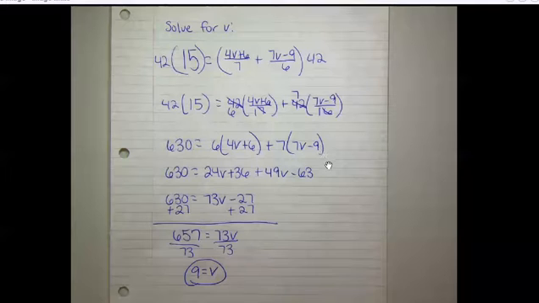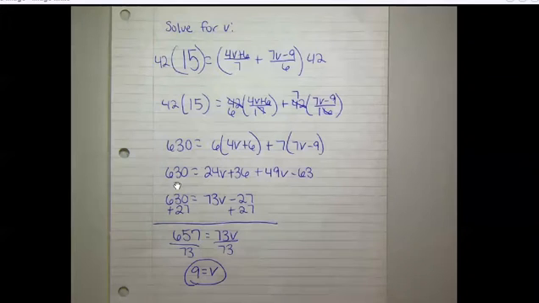Then use the distributive property again. 6 times 4v is 24v, 6 times 6 is plus 36, plus 7 times 7 is 49v, and 7 times negative 9 is minus 63. Then combining like terms, 24v plus 49v is 73v, and 36 minus 63 is negative 27.